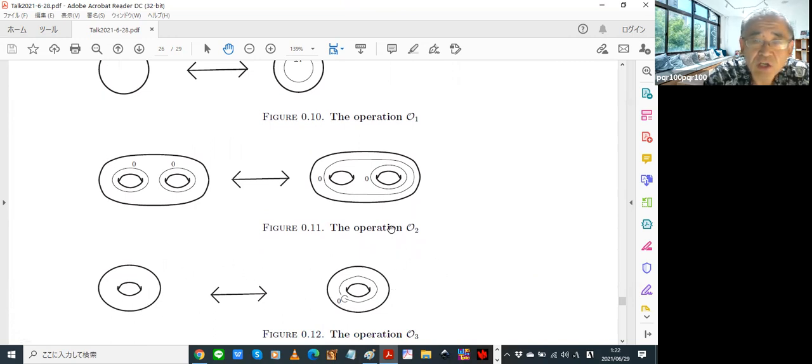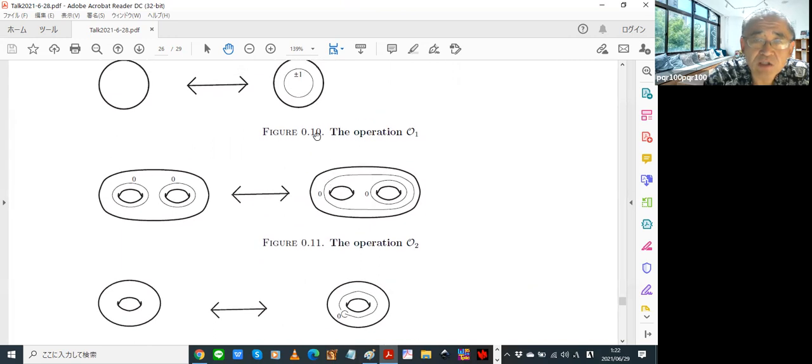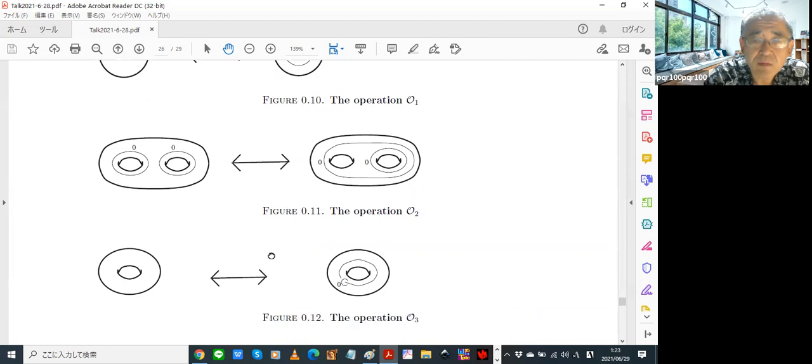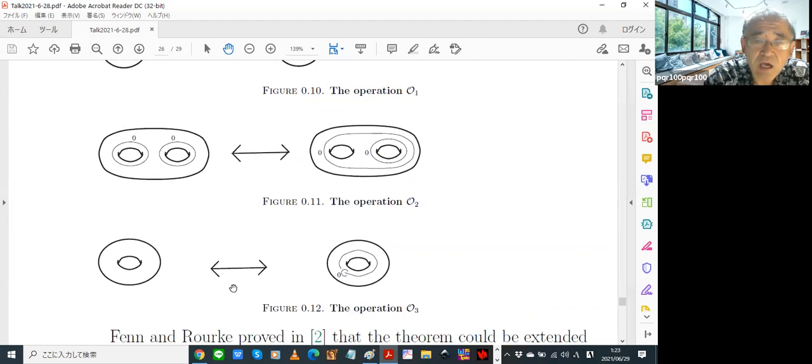But usually Kirby moves are these ones, and Dye and Kauffman proved their invariant doesn't change under these operations. So we excluded this move by introducing condition S.